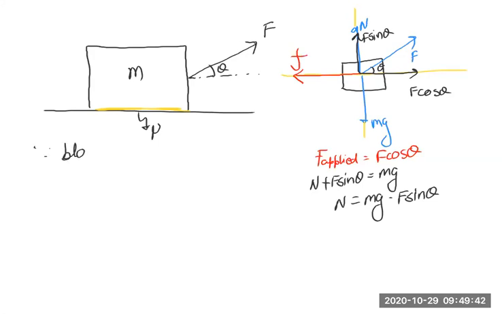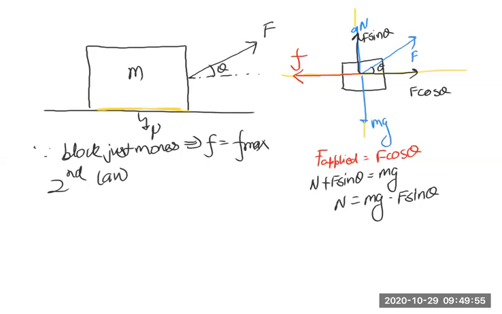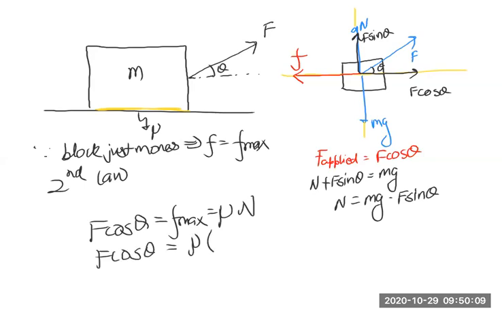And since the block just moves, this implies that F must be equal to F max. So the second law tells me that F cosine theta will be equal to F max will be equal to mu n. F cosine theta will be mu into n, which is mg minus F sine theta.